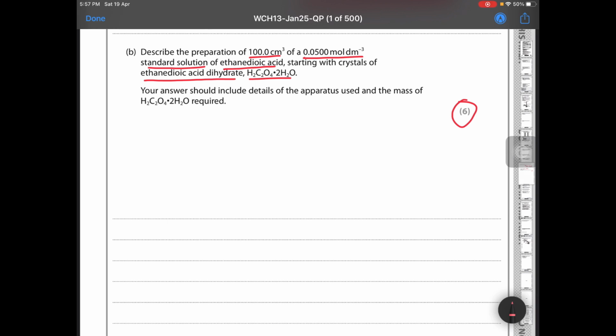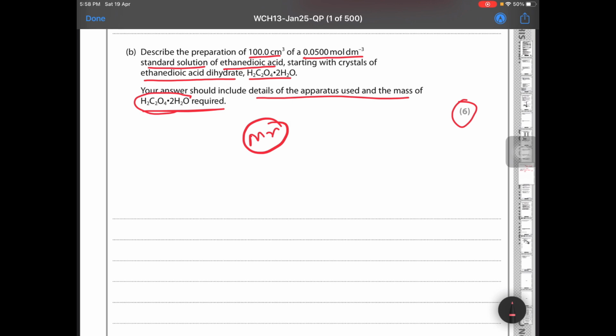Your answer should include details of the apparatus used and the mass of the hydrate. First, you have to show calculations as well. You are preparing the standard solution of the ethanedioic acid, so you have to find the Mr of this acid. The formula is given to you.